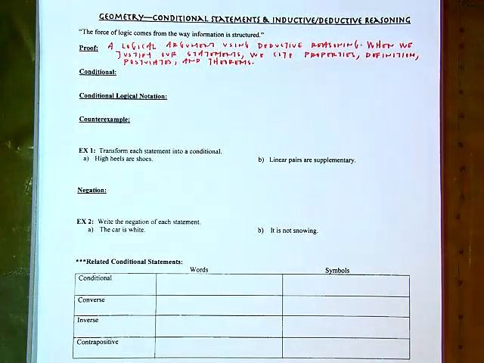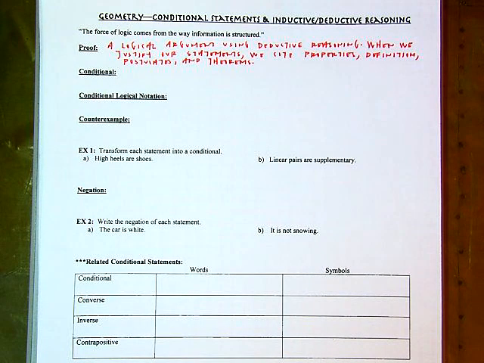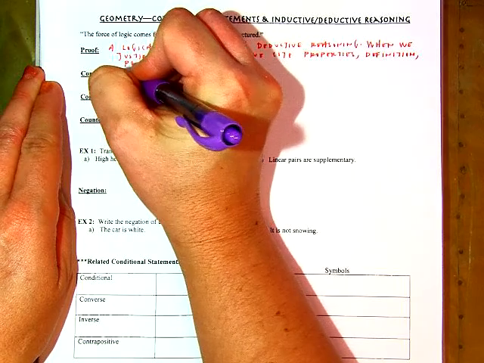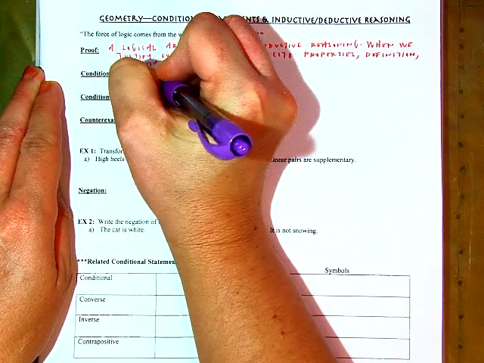Okay, so our formal geometric proofs are using deductive reasoning. Deductive reasoning is concrete, based on things that we know to be true, based on fact. Okay, when we talk about a conditional or a conditional statement, it's really thinking of something in a certain structure. It's an if-then statement.